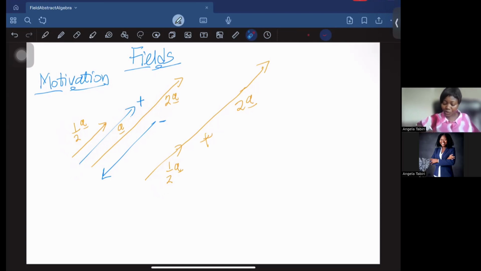Okay, so for a field, we want to be able to find fractions of the scalars, because in our arrows, we want to be able to either scale up or down. They should also have negative numbers because we want to look at reverse directions of our arrows, but we should be able to add them. So this is why we get all the axioms we get for a field. We want scalars that you can divide, you can add, you can subtract.